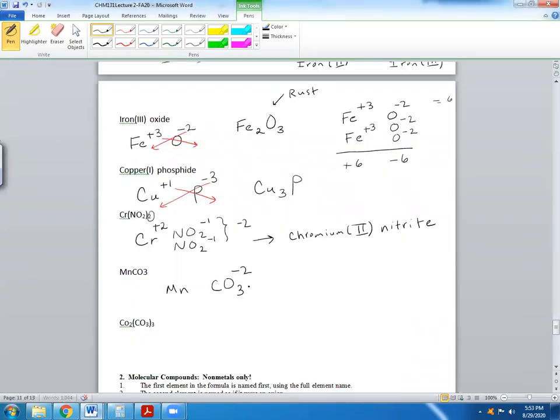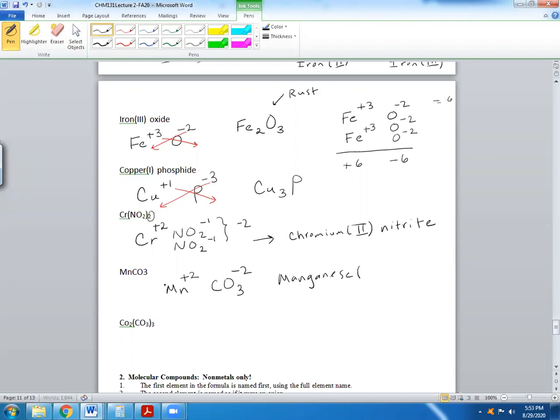So if there's only one carbonate, then what would be the charge of manganese? Because it canceled out. There's no parentheses, nothing. There's only one carbonate. It would be a +2. So therefore, this would be called manganese. This is not magnesium. This is different.